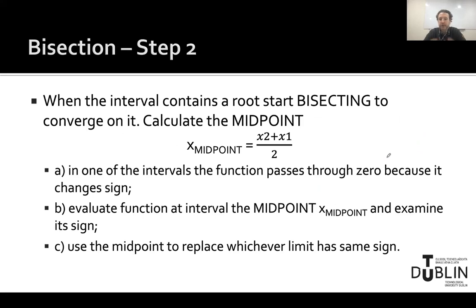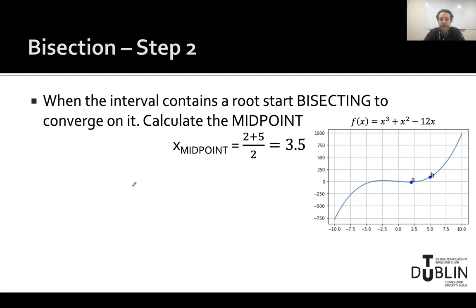So the next thing is, you know that you've bracketed a root, so now you have to halve the bracket. To halve the bracket, you find the midpoint. You bisect using the midpoint. To find the midpoint, you just add the two values together and divide by 2. And then you check the sign with respect to the midpoint. So here, we know that the root is between 2 and 5, so we find the midpoint, which is 3.5.